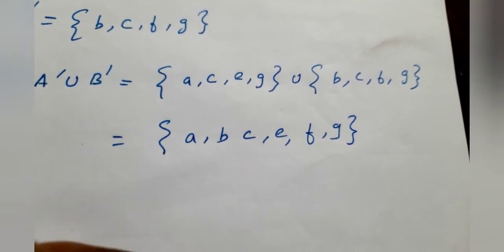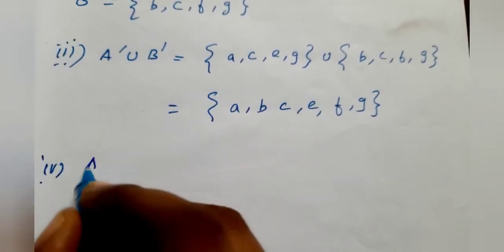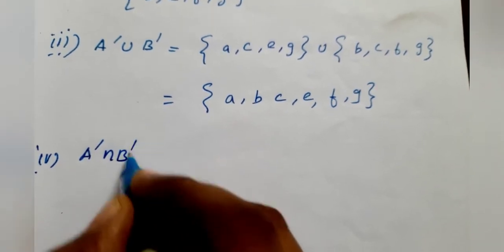Next we shall find the fourth subdivision, A dash intersection B dash.